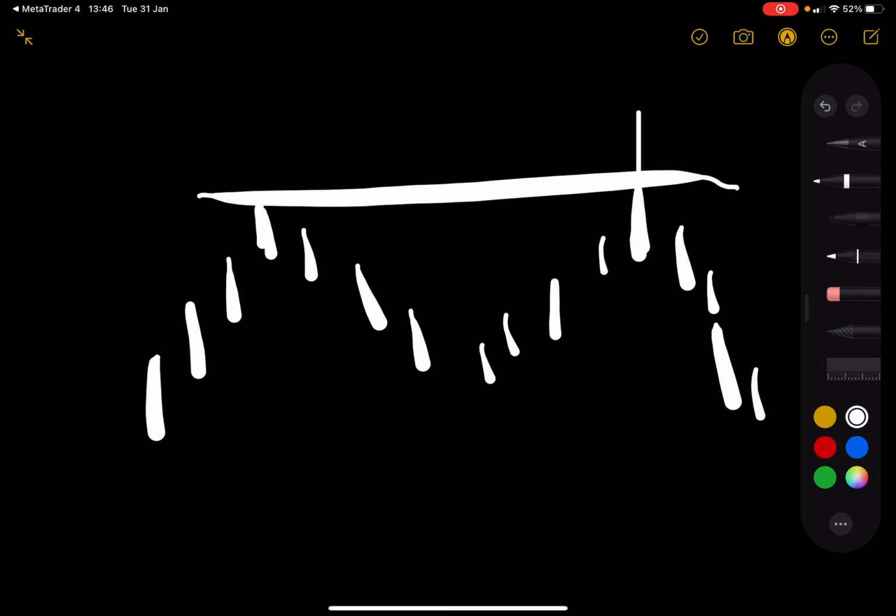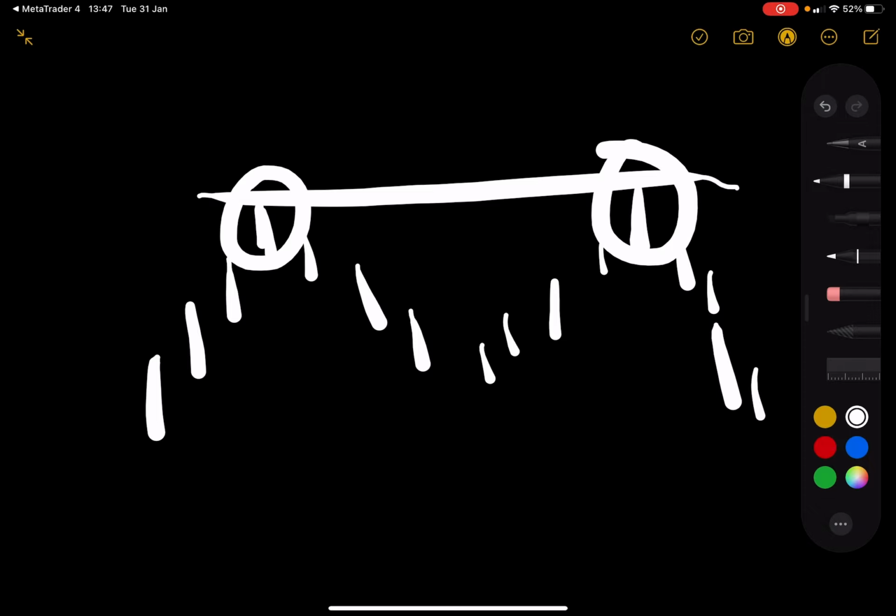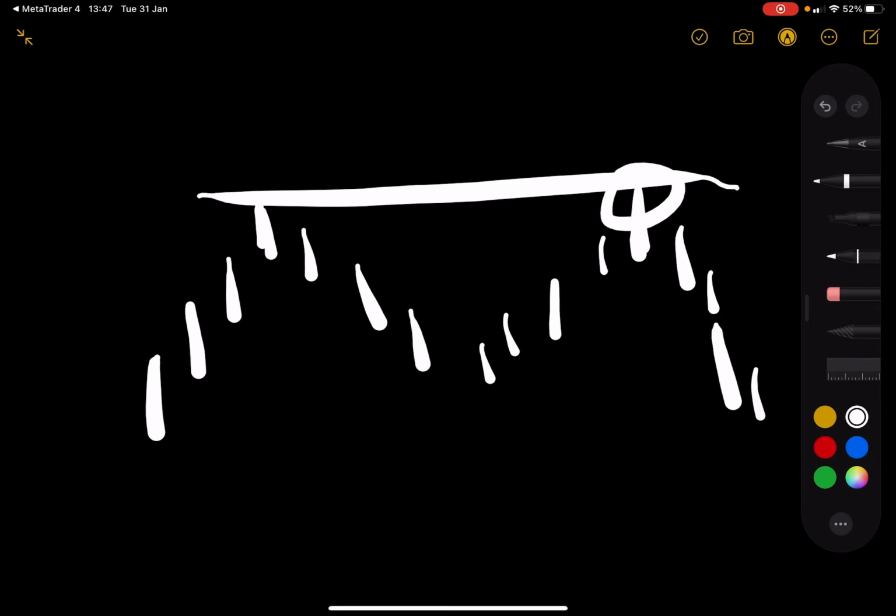If this candle goes above it, it's already taken the liquidity from this previous high, so it's not really a good confirmation. You want those two top candles to be exactly the same height, so you want the wicks to go above exactly to the same height. This one can be a little bit lower because it still hasn't taken the liquidity from this side. So be on the lookout for that.